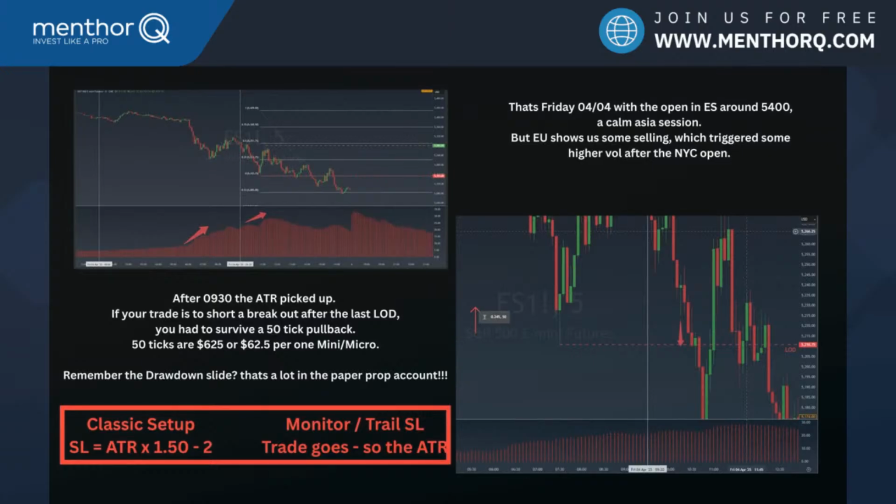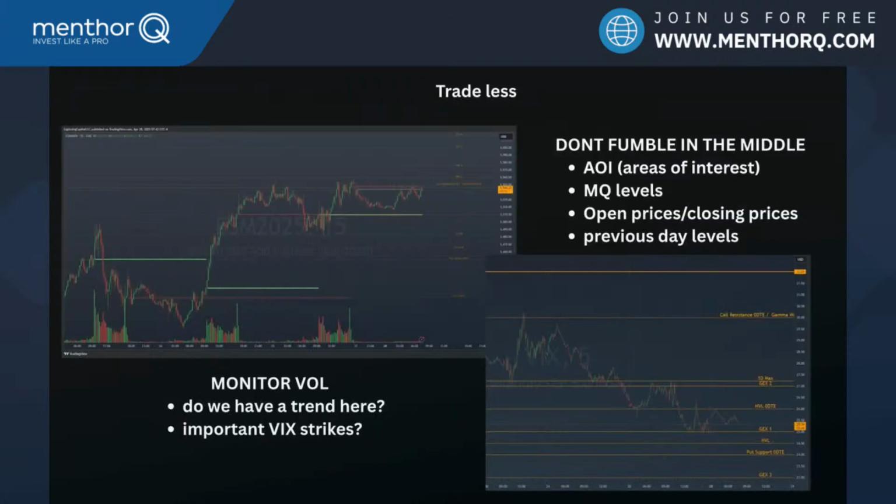I also go break even with this trade, but I always want to have this SL ATR ratio 1.5 to 2 times active in the trade when the trade is already in the green. That's a really simple approach, but for me worked out pretty well, and maybe it's new to you, and try it out.